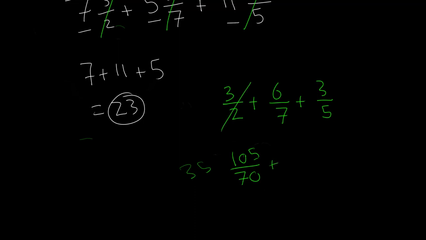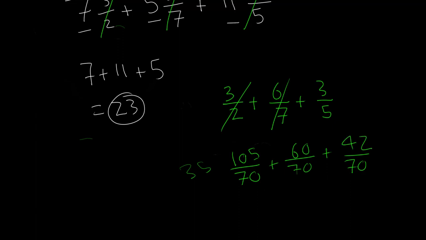The second fraction, well, we multiplied the bottom by 10 to get 70, so we multiplied the top by 10 to get 6 times 10 is 60. Then we multiplied the bottom here by 14 to get 70. And so we do the same thing to the top. 3 times 14, which is 42.